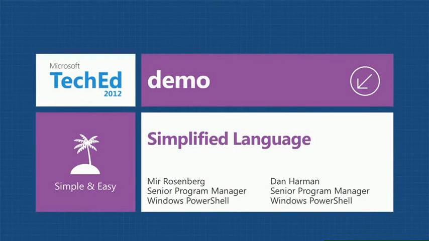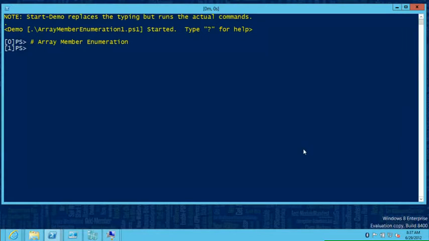So there's lots of stuff even for existing users. All right, so let's get right to the demos. Switch over here. So we will start with array member enumeration, and we'll see how we made it much easier in PowerShell v3 to deal with singletons and arrays. So hopefully you won't have to think about this as much anymore. So going back to our original, sacred vow, the investment you made in PowerShell, hopefully you can carry that over and over and keep leveraging what you learned.